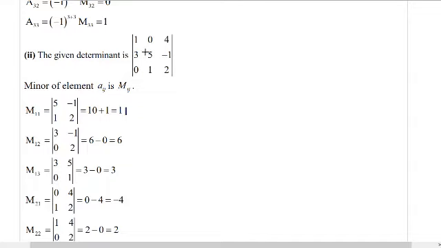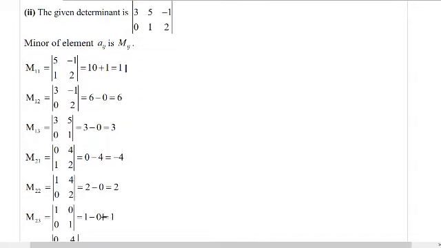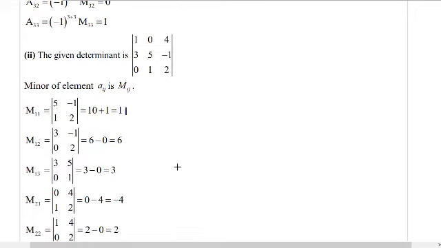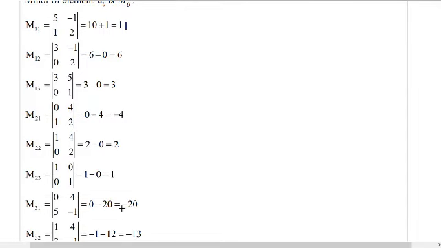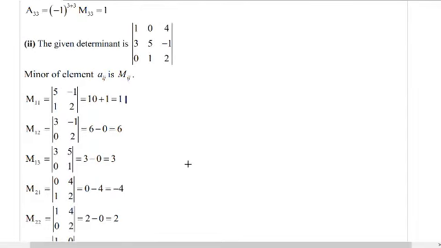So I will get 1 minus 0, 1. You can see M23 is 1. To get M31, I will hide this element by row and column. So 0 into minus 1 is 0, minus 5 4s are 20, 0 minus 20 is minus 20. So you can see M31 is minus 20. Now M32, I will hide this element by row and column.